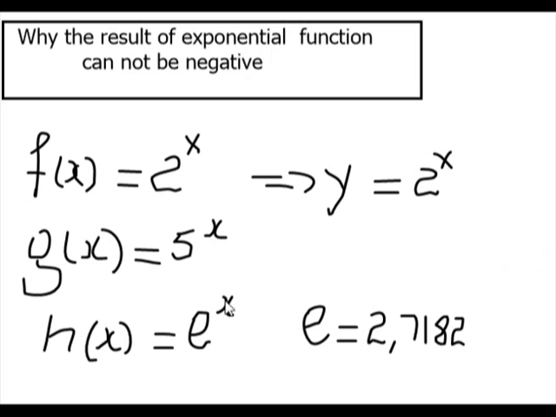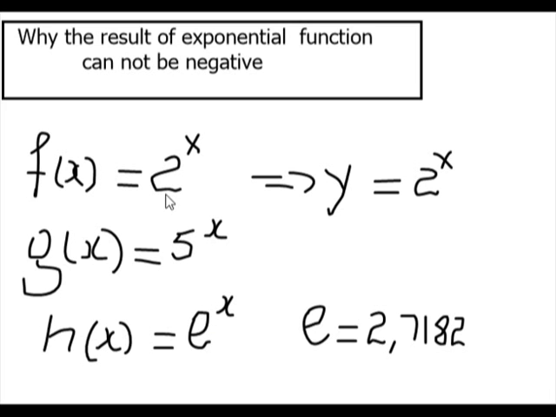Let's remember, mainly when we talk about exponentials, we deal with the exponential where the base is the number e. This number is approximately 2.7182. This number was found by Euler, it is an irrational number. We mainly use this base, but for exponential functions we can have different values for the base.